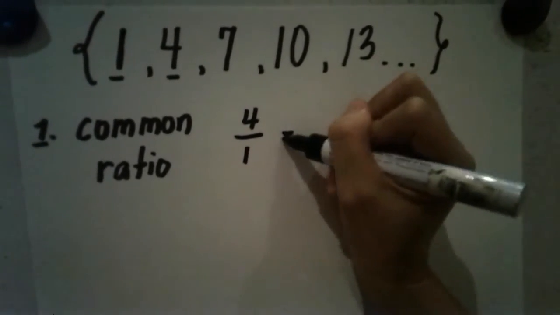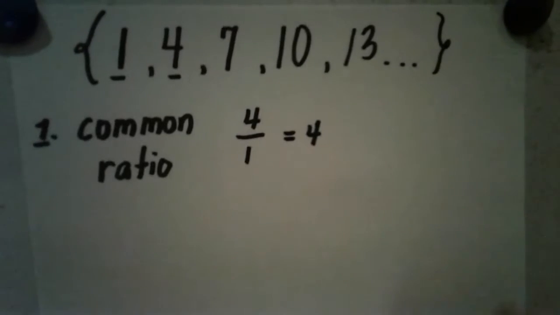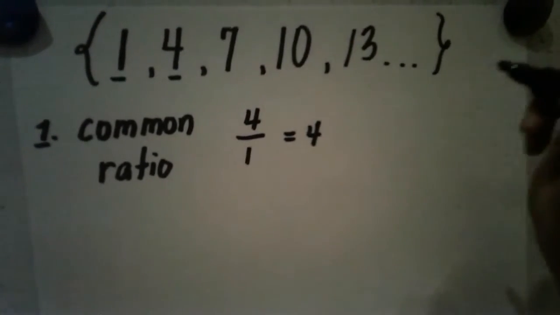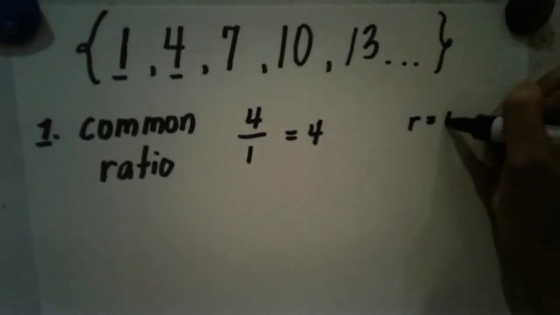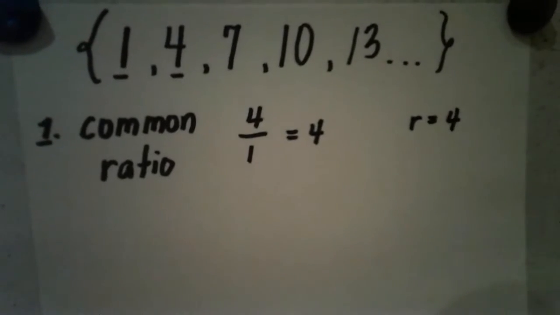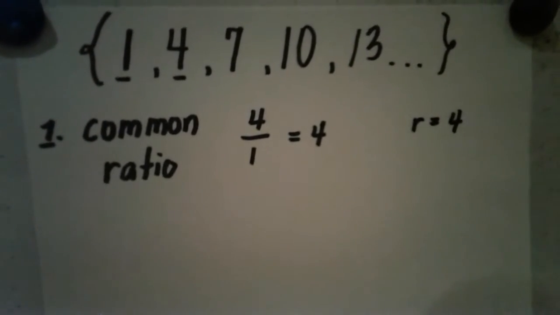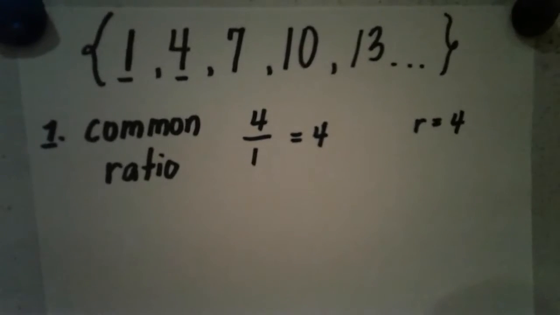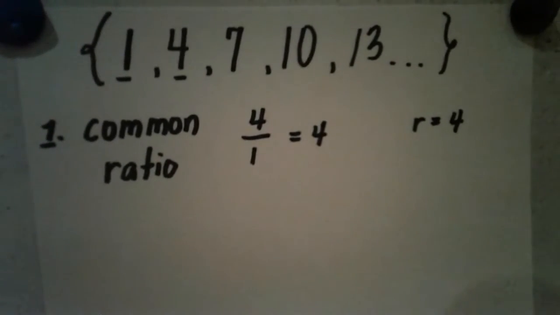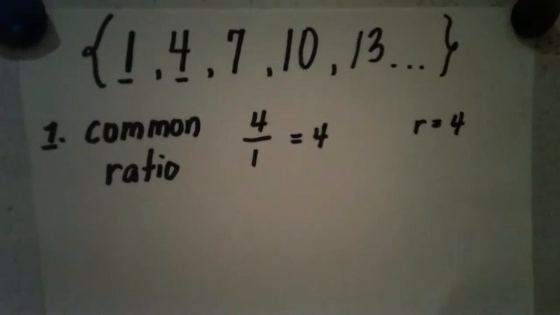And the answer is 4. So now we are proposing that our common ratio is 4. In order for this sequence to have a common ratio, we need to get the same value for r whenever we perform similar division on the next consecutive terms in the sequence.